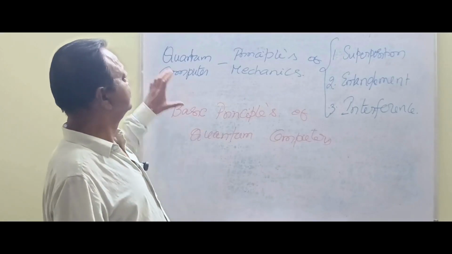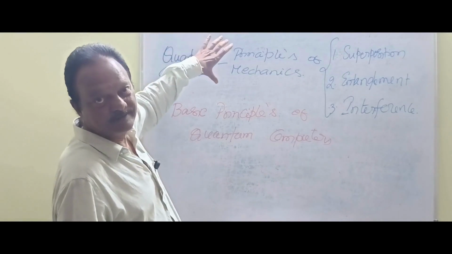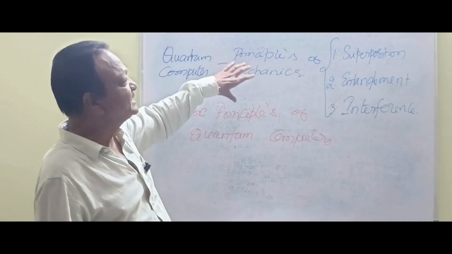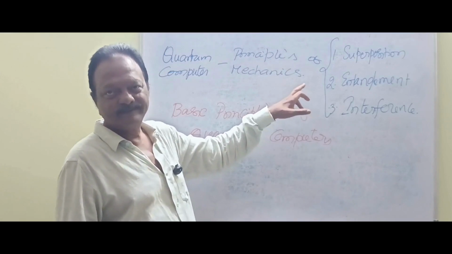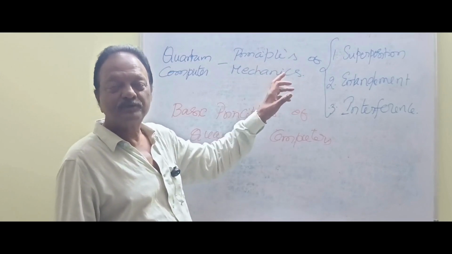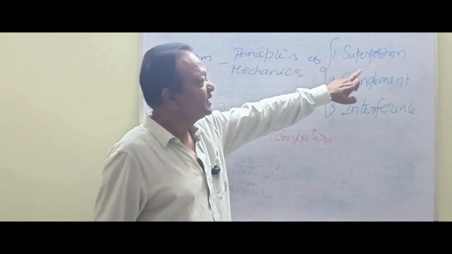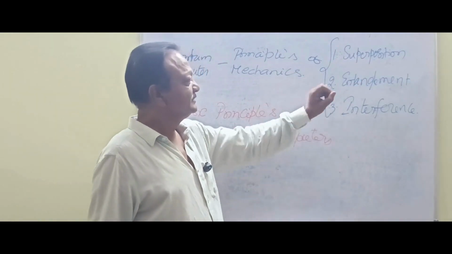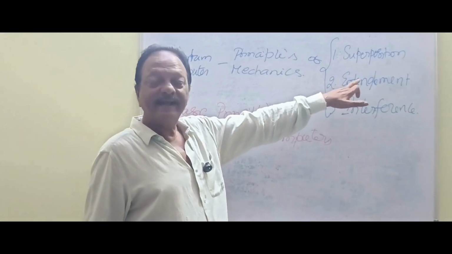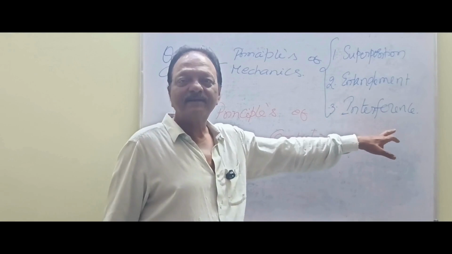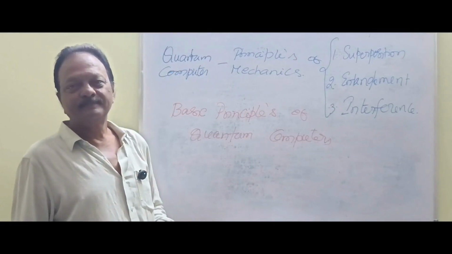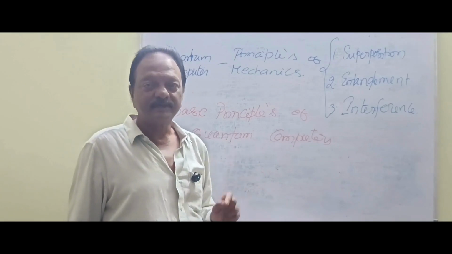So, quantum computers use principles of quantum mechanics. What are the principles? That is superposition. Second one is entanglement, and third one is interference. Remember, these three are very important.